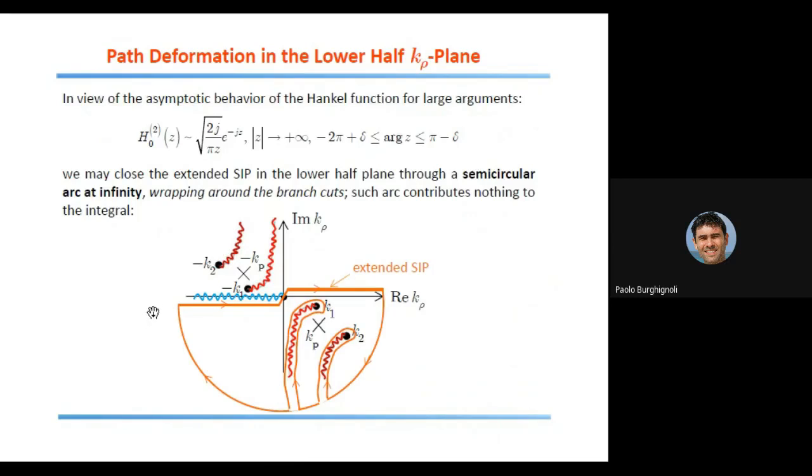The advantage of the extension of the integration path is that now we can use Cauchy theorem in order to further deform the integration path, and we can do that in the lower complex half plane because of the asymptotic behavior of the Hankel function of second kind, which allows us to close the contour, as you can see here in this figure, with a semicircular arc at infinity, whose contribution vanishes because of the exponentially decaying behavior of the Hankel function at infinity in the lower half plane.